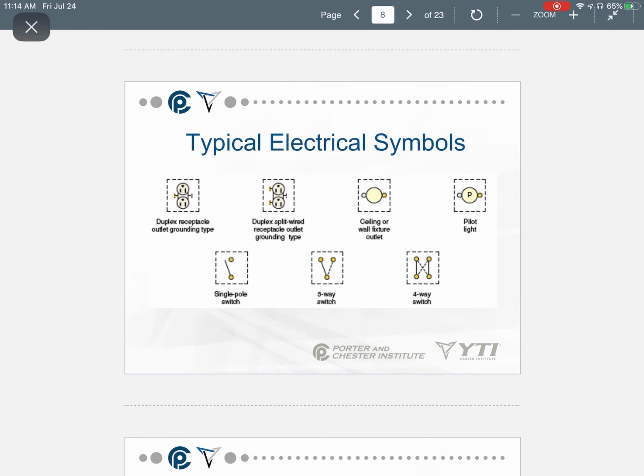So there's one of 2 ways. If you have to go into a house and replace receptacles or add receptacles, a couple things you can do. You can get replacement receptacles that are non-grounding type, or you could install grounding type receptacles, but you have to label them and say that there is no grounding conductor. It's supposed to be labeled on there.